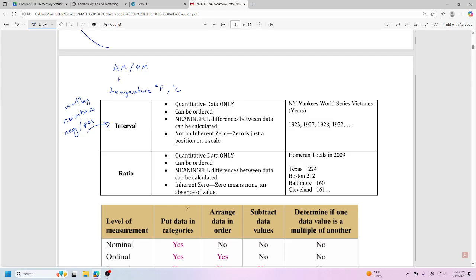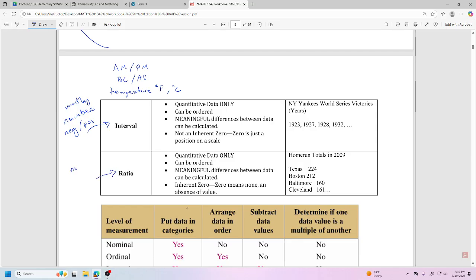Here's another one. BC, AD. If you go back for BC stuff, it's like negatives. It's going backwards in years, like 100, 1,000, going in reverse. So that would be another negative, positive, essentially. Those are just different examples. So far, so good. Last one.